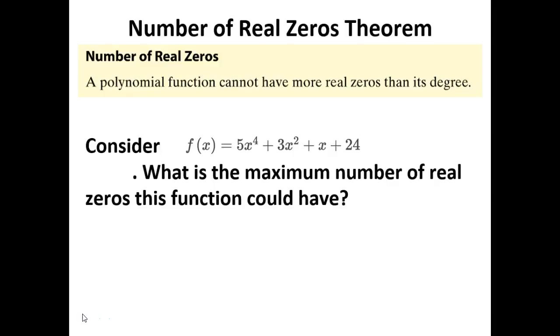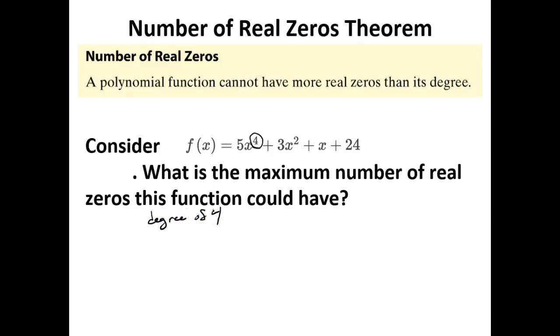Another theorem is the number of real zeros theorem. A polynomial function cannot have more real zeros than its degree. So when I look at this function down here, I look for the degree. I look at the largest exponent. The largest exponent is 4, which means this function has degree of 4.